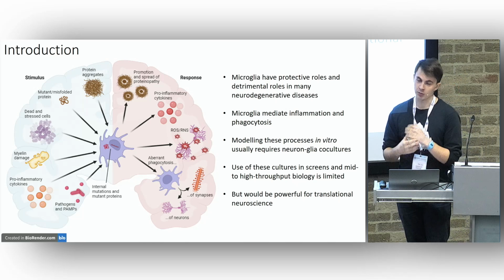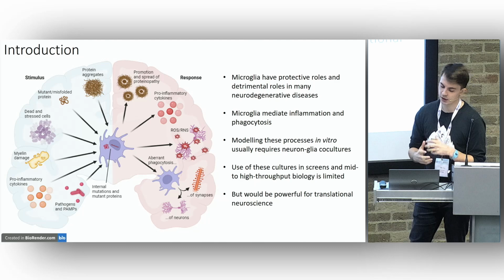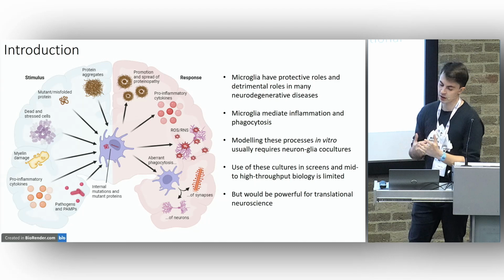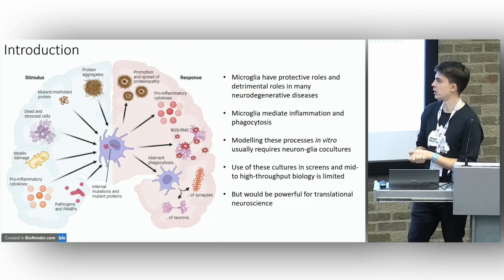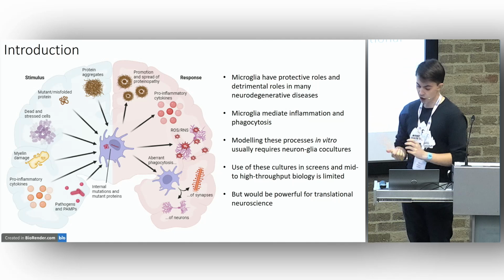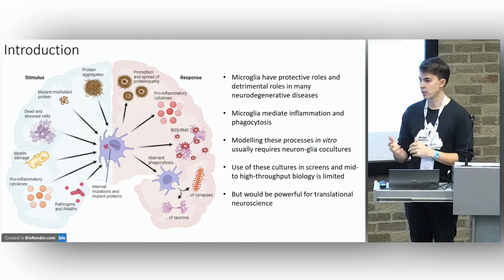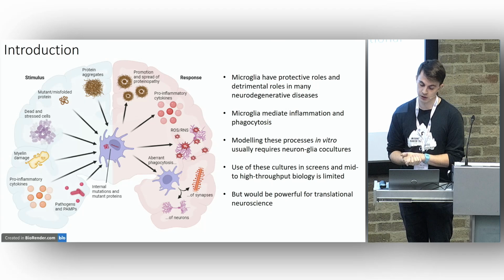This derives from the complexity and the cost, and it's a limitation in the field of drug discovery and target discovery at the moment, because they'd be quite powerful now that we're moving towards a focus on inflammation in these conditions. One of the major challenges limiting this, at least for imaging-based assays, is the analysis of these relatively complex systems.